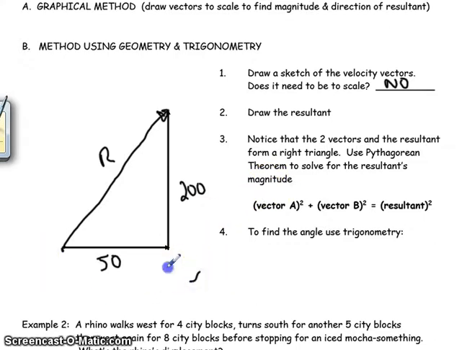So we're basically saying R squared equals 200 squared plus 50 squared. You add the squares and then take the square root. So the square root of that whole thing is going to be essentially 210 kilometers per hour, and that's rounded off.